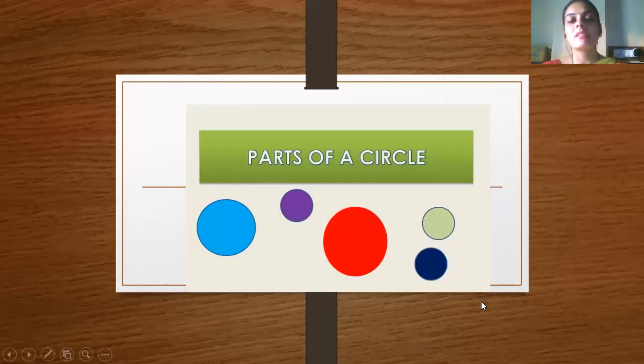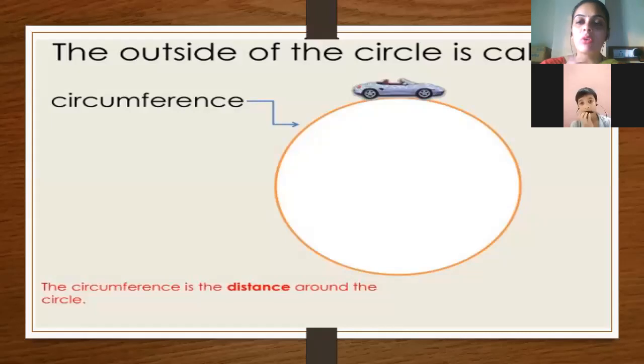What are the parts? Now, as we know, this is a circle, right? Ali, Kedar, Bhavya, the circle is there. Can you see the outer part? Yes, teacher. The surrounding part, the part which is surrounding the circle, we call it the circumference.